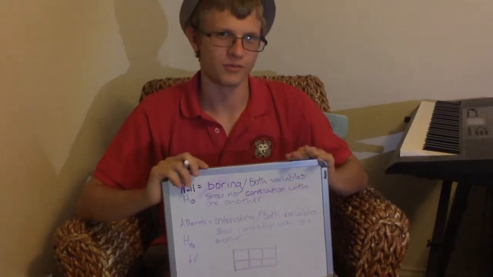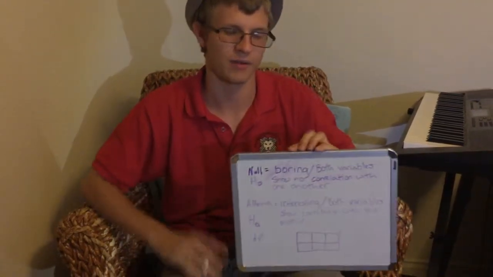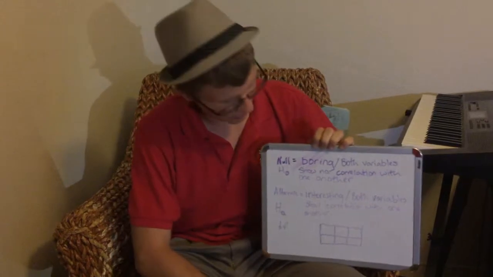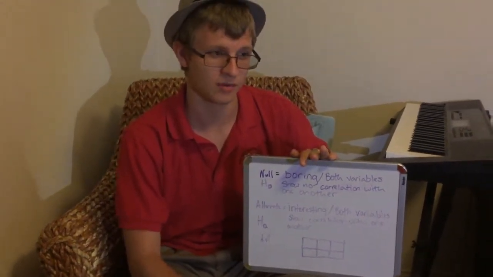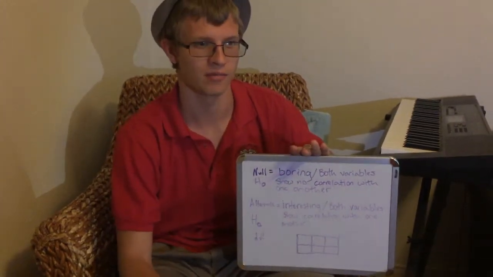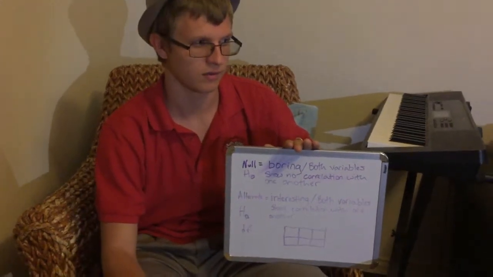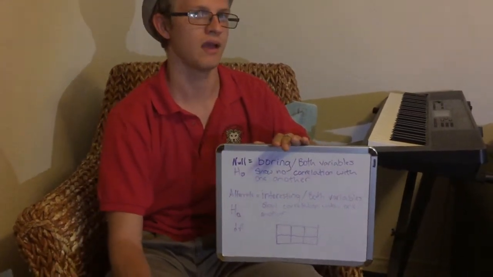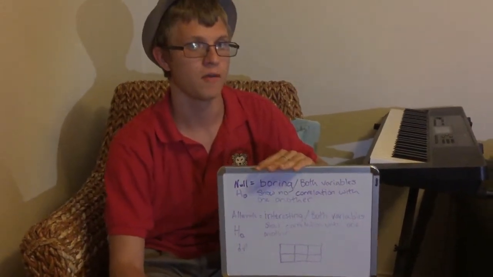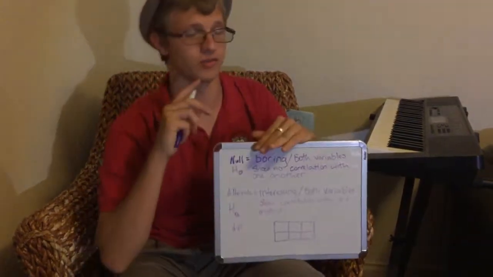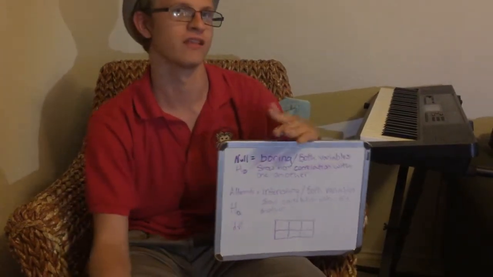So you might be wondering what Colton was talking about when he said null hypothesis and alternate hypothesis. Well, what he was saying is when you reject the null hypothesis, you're rejecting the original thought, which is that both items have no correlation at all. So if you think that men and women, their gender has no correlation to their voting patterns, it's really boring, like nothing relates to each other.